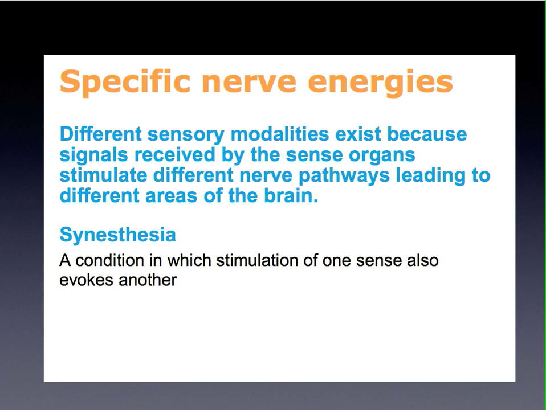So for example, they might see a number on a screen, but every time they see the number 3, it looks kind of blue to them. You can find out some more about this on the internet. There's plenty of information written on it. But again, it's just to show you that your perception is a function of what your brain is connected to, and what part of the brain is receiving that information.